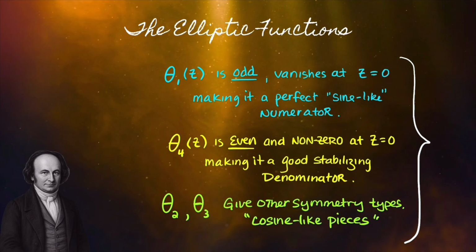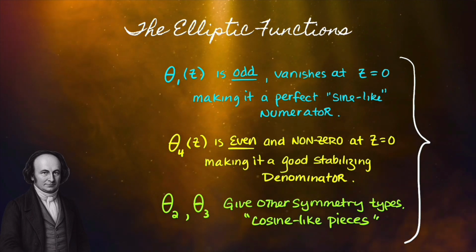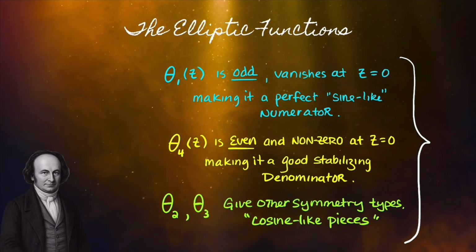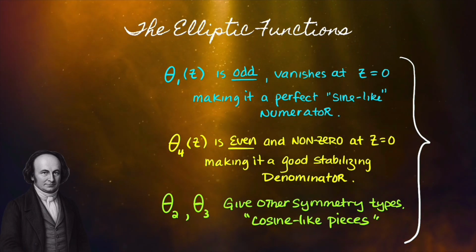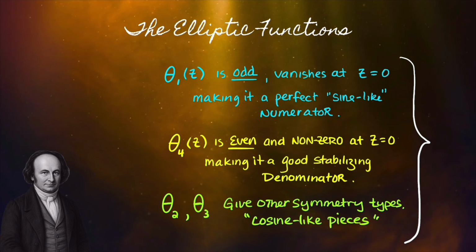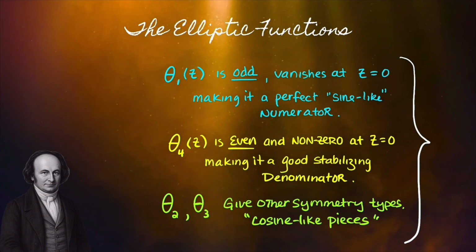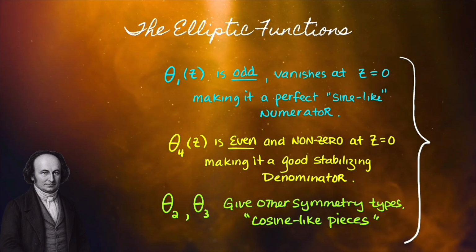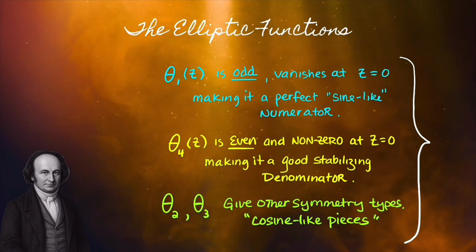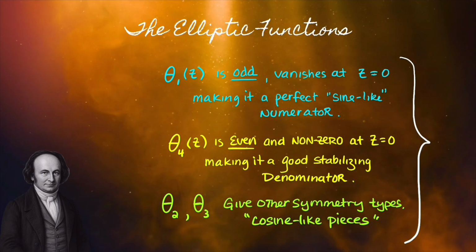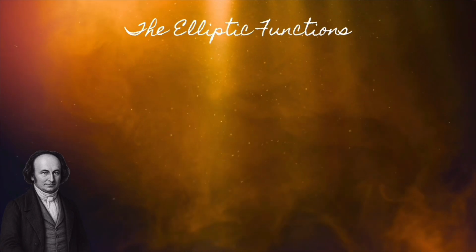It's a perfect sine-like numerator for the ratios he would construct. Theta 4 is even and non-zero at z equals 0, making it a good stabilizing denominator. And theta 2 and theta 3 give other symmetry types which are analogous to cosine-like pieces in this fractured circle, otherwise known as ellipse.